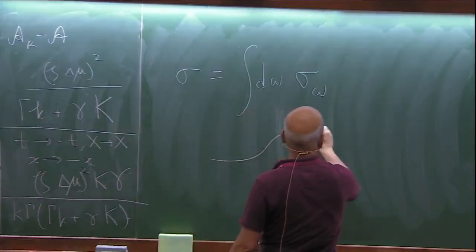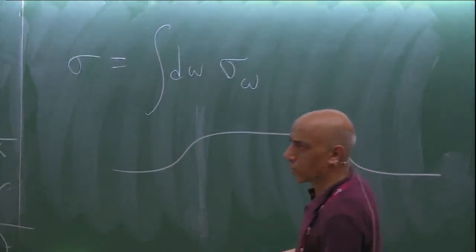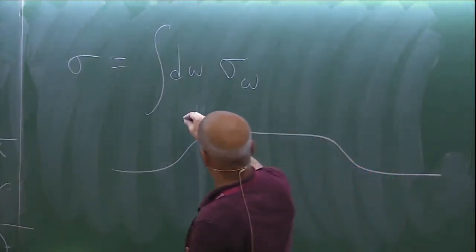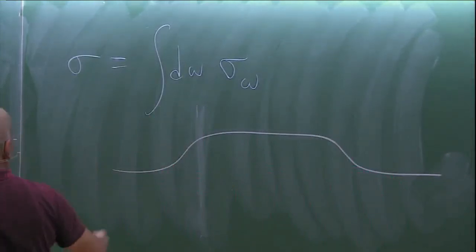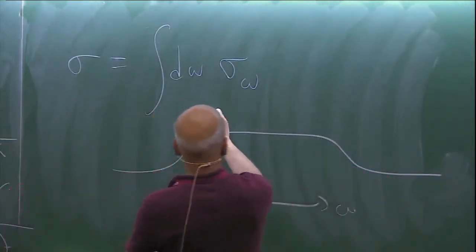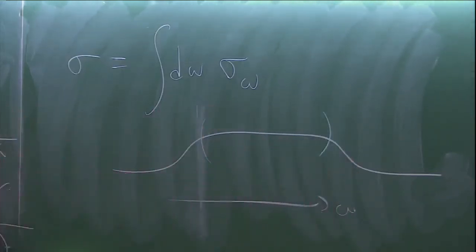It ends up looking like the boa constrictor that swallowed an elephant in the Little Prince, as a function of frequency. It's substantial only at frequencies in between two crucial frequencies.